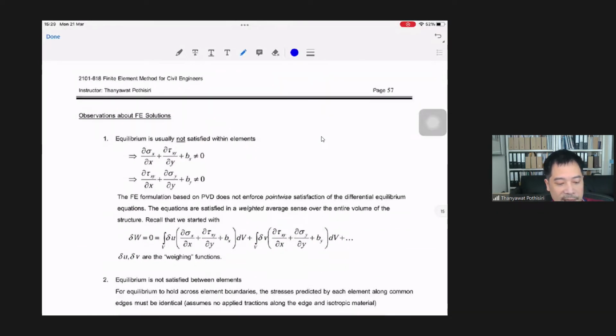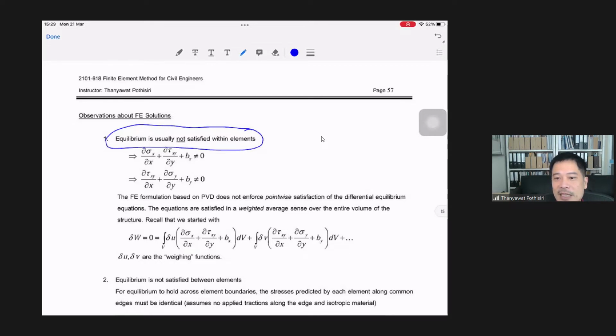Now, there are certain things about the finite element solutions which we can observe. The first one, we mentioned that equilibrium may not be satisfied within elements. So if you look inside the element, the equilibrium equation may not be satisfied.